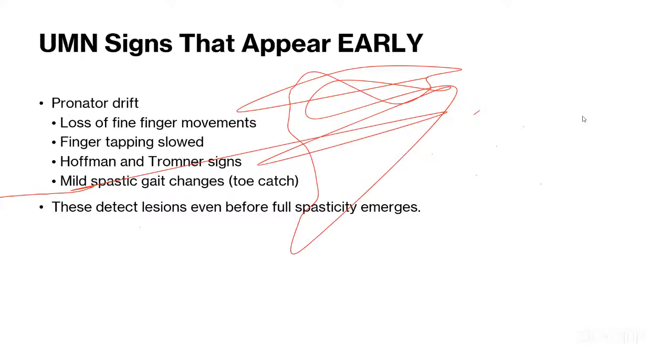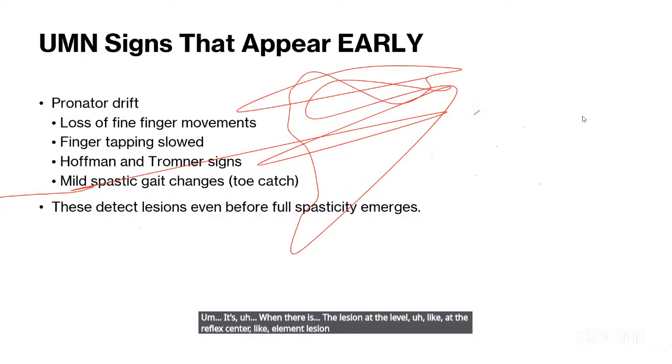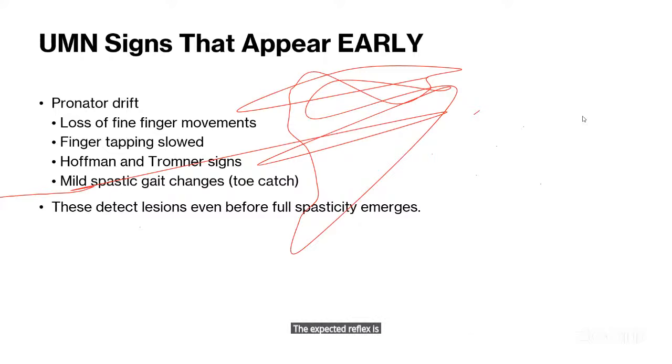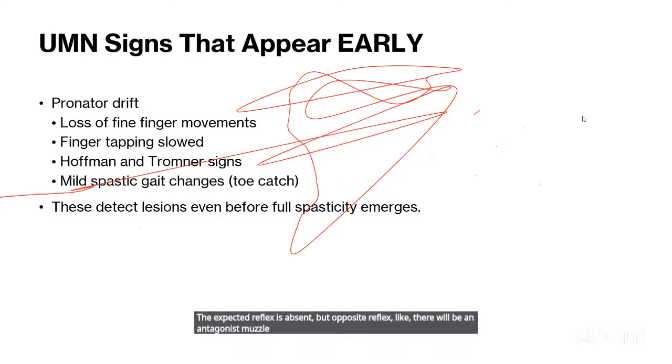It's when there is a lesion at the reflex center with an intact upper motor neuron pathway, the expected reflex is absent, but the opposite reflex, the antagonist muscle reflex, will be brisk.